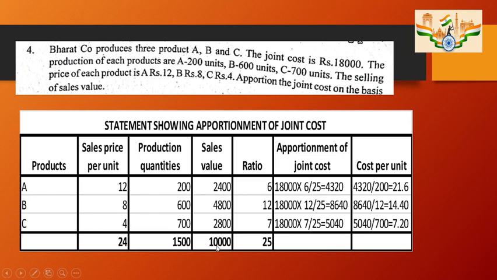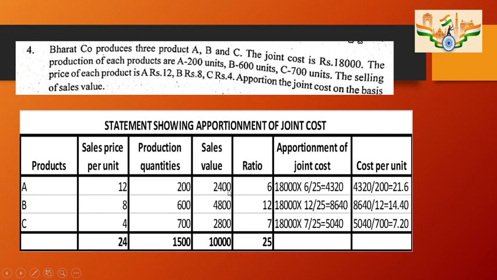Why have I made the total of this? Because to calculate the ratio. So how is this ratio calculated? This ratio is calculated 2,400 divided by 10,000. This is how you have to calculate the ratio. 2,400 is to 4,800 is to 2,800.